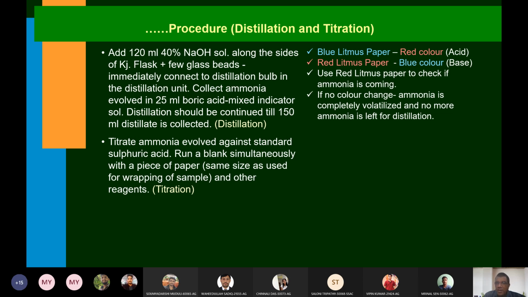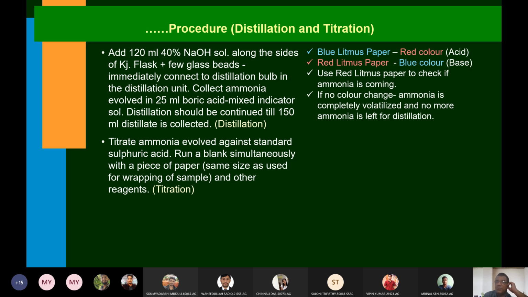If you expect that it will have some high concentration of nitrogen in the plant material, it is leguminous material, then you can go up to 0.5 normal or 0.2 normal, 0.3 normal, whatever you like. Because in calculations, your normality will be adjusted. So no issue. And if you think that nitrogen percentage is very low and you want more accurate readings, then you can reduce the strength.